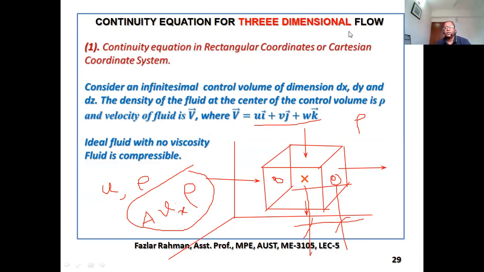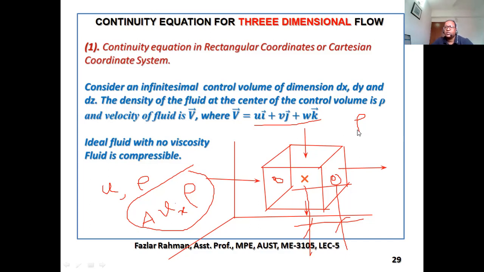We'll do this along all the axes. Along the vertical axis, what is the velocity of the fluid particle? V. That velocity at the top and at the bottom is not the same; they are changing, and also rho. Rho changes with respect to the y direction, and along the x-axis rho changes with respect to x.